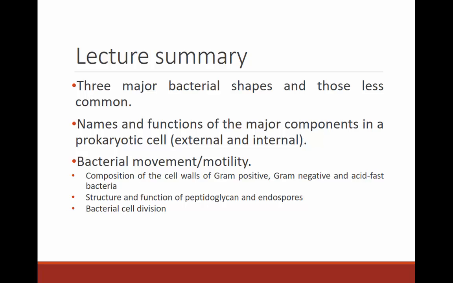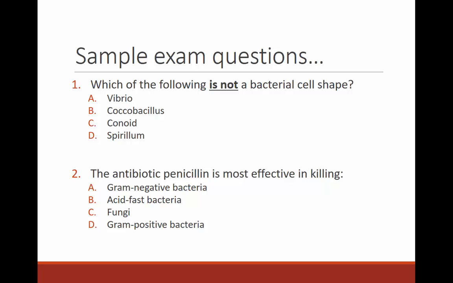And we've looked at some of the movement or motility of the cells. We've also looked at the composition of cell walls, so that adds to the gram-positive, gram-negative conversation, and looked at bacterial cell division.